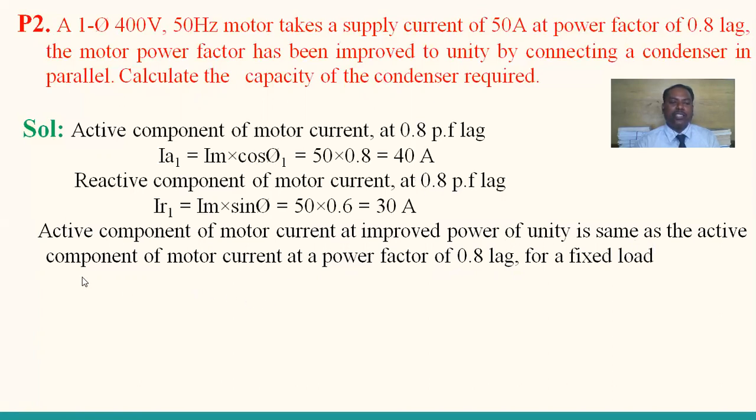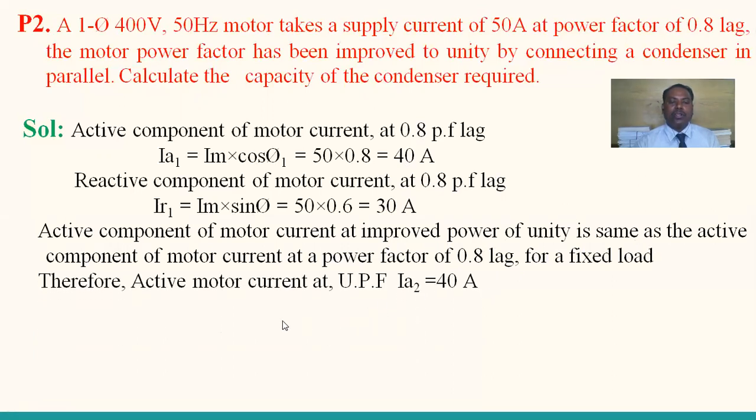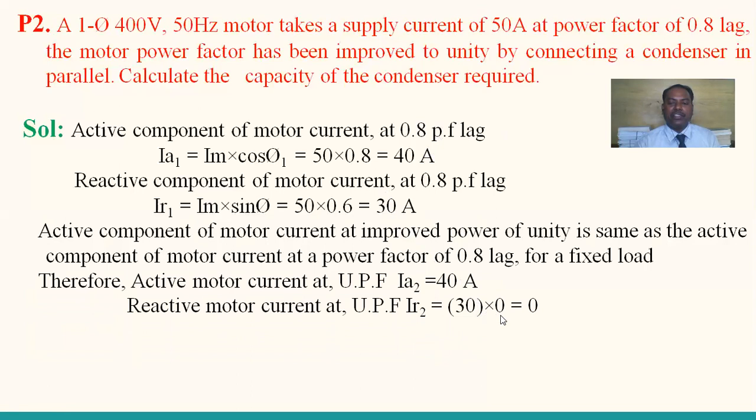So the active component of motor current at unity power factor is 40 amperes. And then the reactive motor current at unity power factor is IR2. So 30 is to be multiplied with sin phi, where cos phi is equal to 1, sin phi is 0. So 30 multiplied with 0 gives 0.